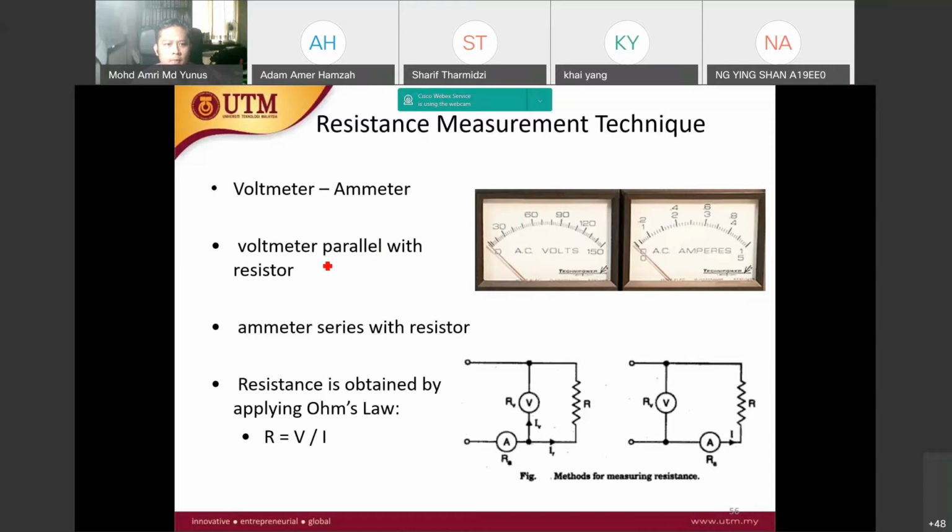Basically, the voltmeter will always be in parallel with respect to the resistor.